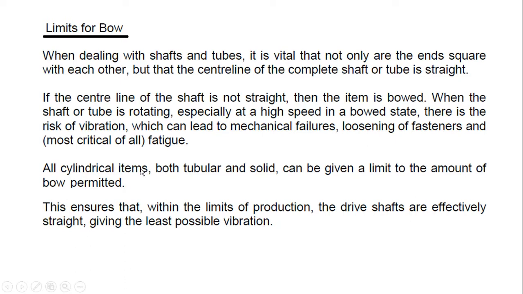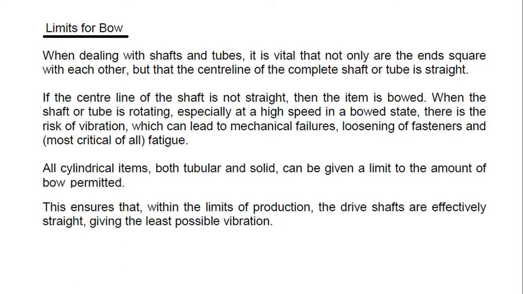All the cylinder items, both tubular and solid, can be given a limit of amount of bow per meter. So again, there is a bow limit chart which you will refer to in the maintenance manual or the structure repair manual, where the limit and bow chart is given. You have to check whether the bow is under the prescribed limit or not.